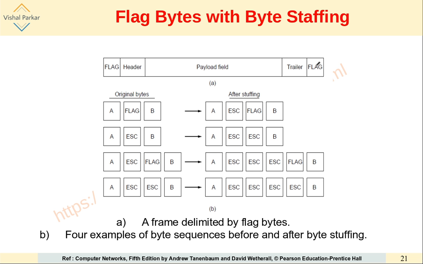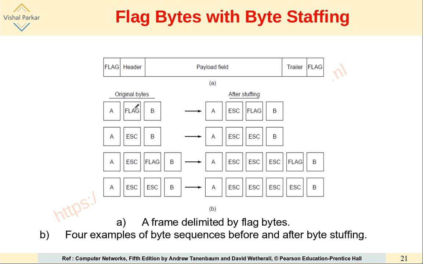But the situation can be trickier sometimes. What happens? We'll see with 4 such cases. By some chance, it may so happen that the terminating byte sequence may also occur in the payload field, because ultimately the flag bytes will be a random sequence, meaning it will have some value, but that is a combination of ones and zeros that could be present in the payload part itself or anywhere from header to trailer.